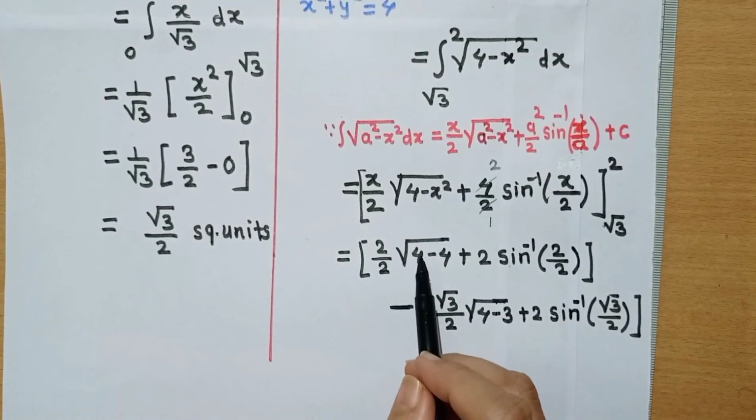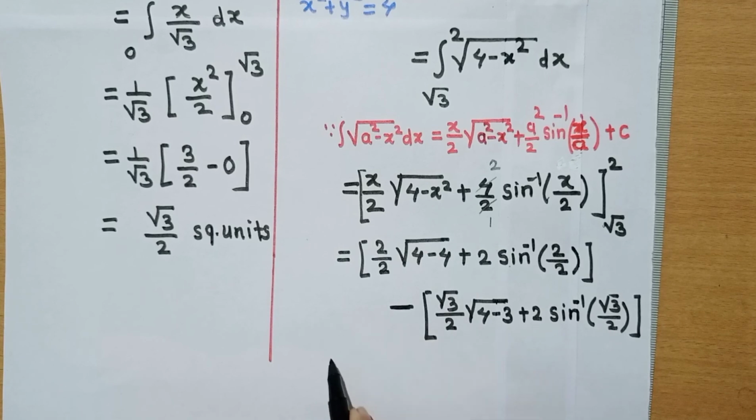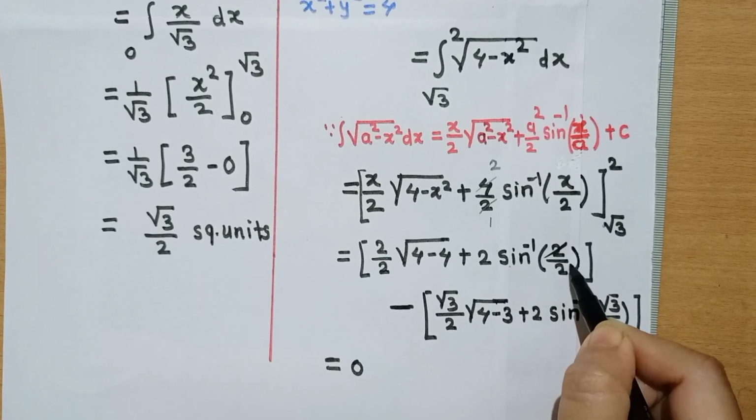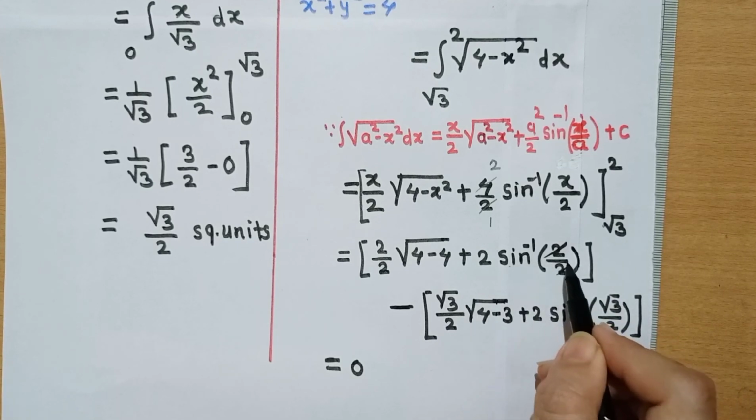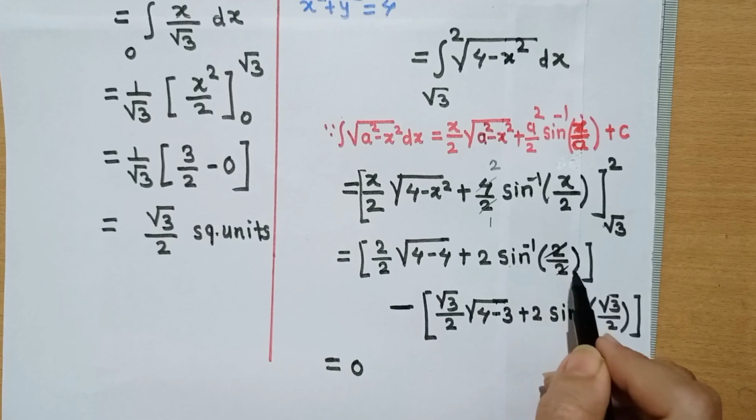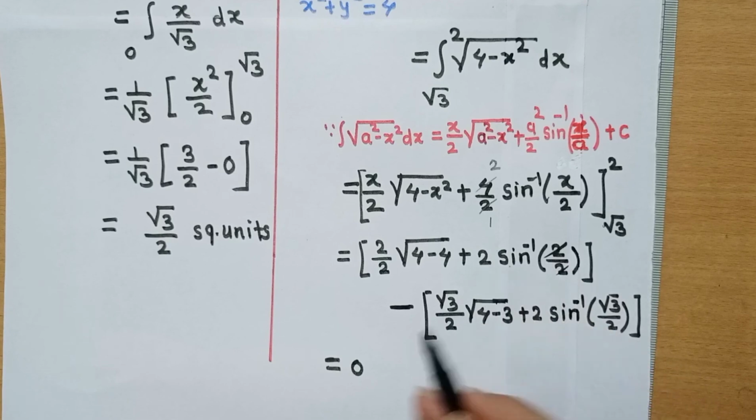And now check, 4 minus 4 is 0. So here we will write 0. Now here this 2 upside and downside get cancelled. So we get sine inverse of 1, and sine inverse of 1 is pi by 2. So we will write this 2 as it is, sine inverse 1 is pi by 2.